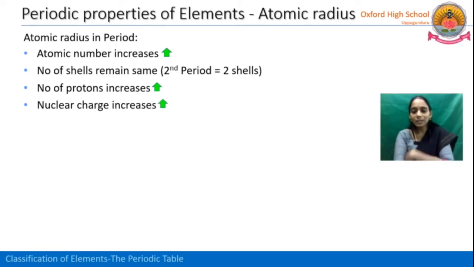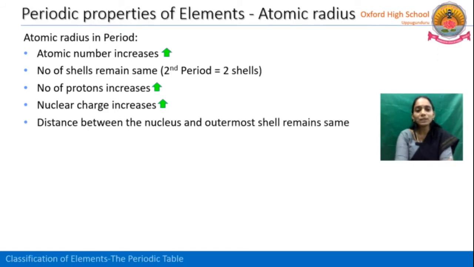What is the nuclear charge? What consists of the nucleus? Protons and neutrons, whereas neutrons are neutral, there is no charge. Protons are positively charged. So number of protons increases means the nuclear charge in the nucleus increases.